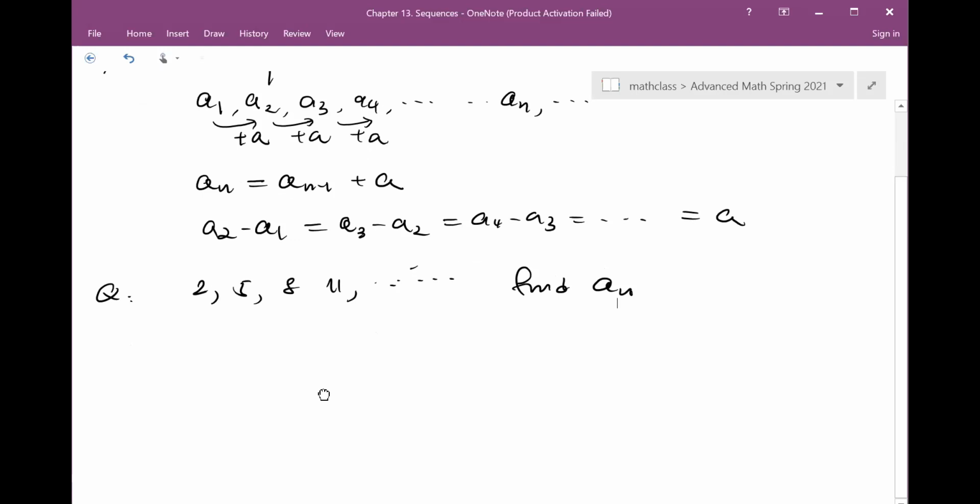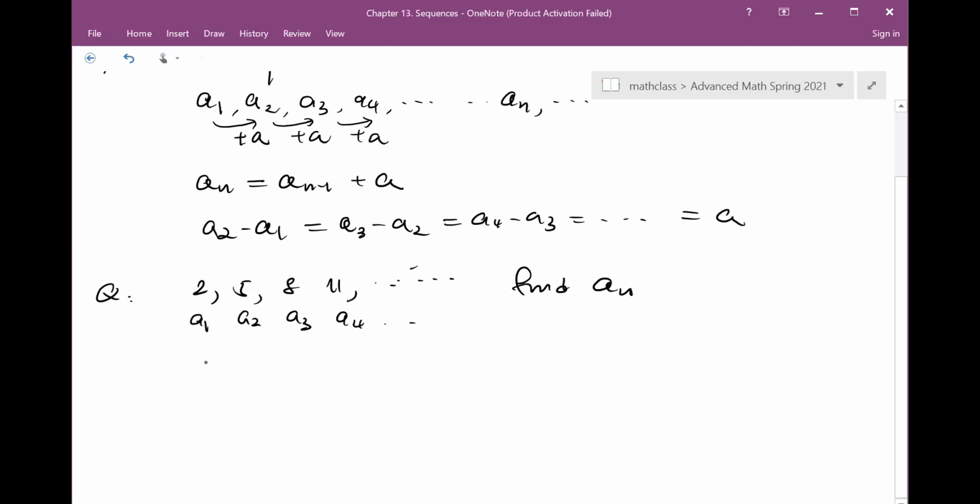Otherwise, a few terms do not determine the rest of them. So we assume it's an arithmetic sequence. Then we see this is A1, this A2, this A3, this A4, right? And we find out the A is going to be 3; every time we increase it by 3.